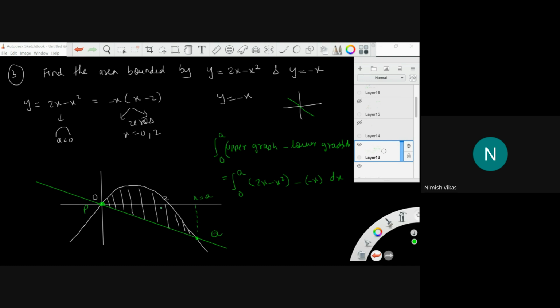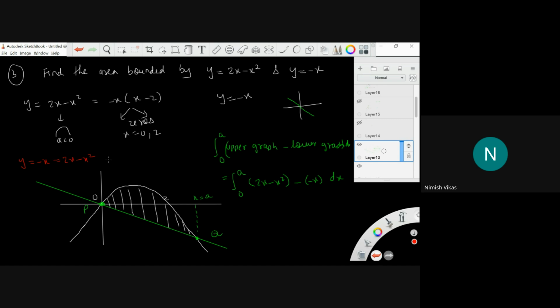What's the answer, all of you? Solve the two curves together. So y is equal to minus x and also y is equal to 2x minus x square.